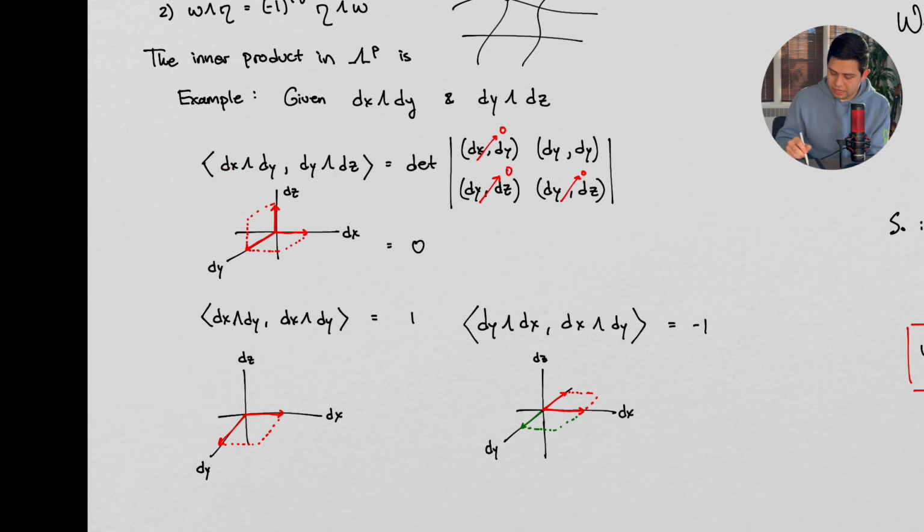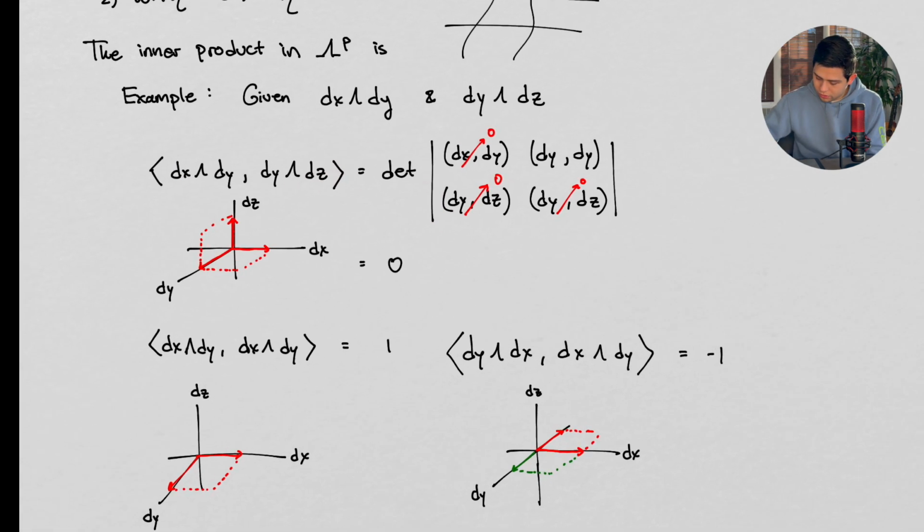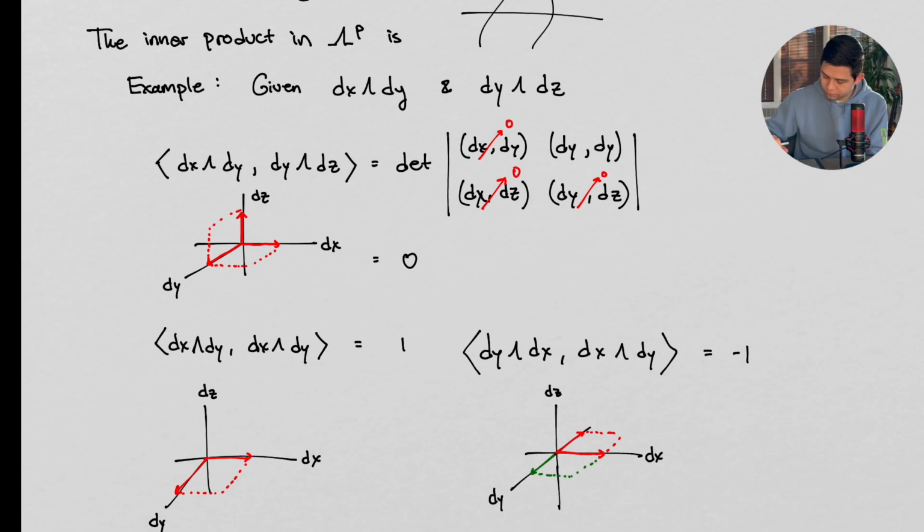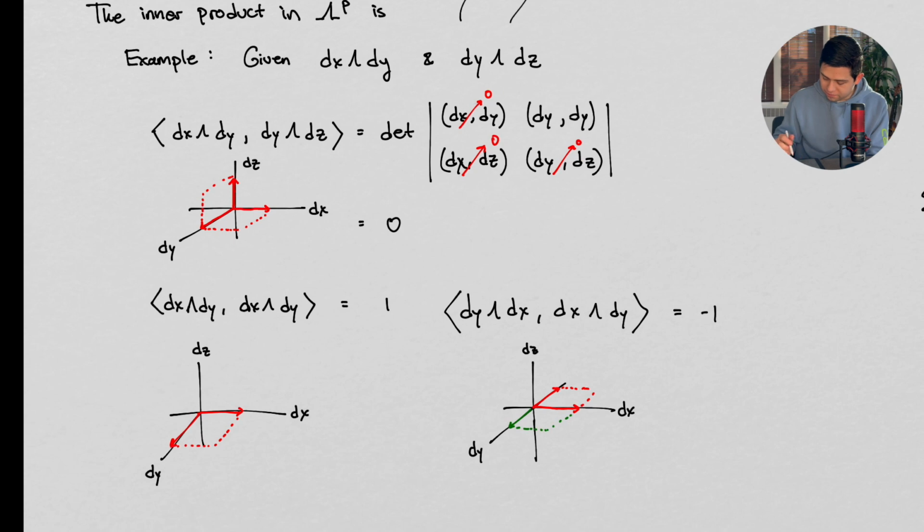So here's our dx dy, dx dz, dy dy, and dy dz. This entry should be an x, and everything still works out, because when we take that determinant, this is still going to be 0.